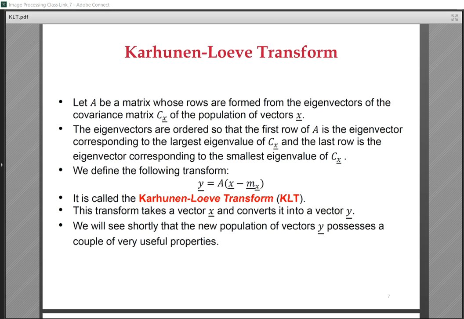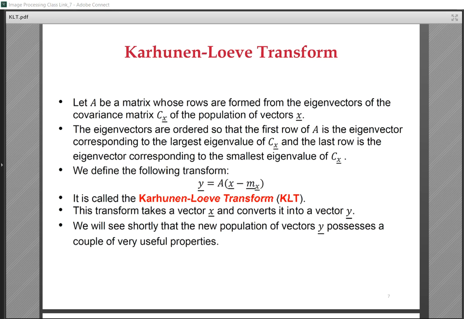Again, the eigenvectors are ordered or rearranged so that the first row of A is the eigenvector corresponding to the largest eigenvalue. Each eigenvector has an eigenvalue corresponding to it.